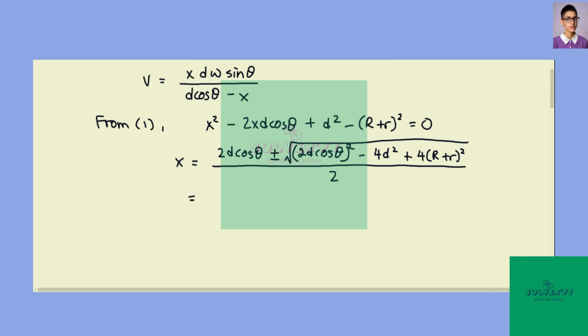The 2 squared in the square root and the 4 inside the square root can be factored out.